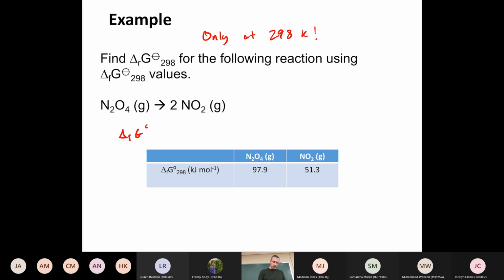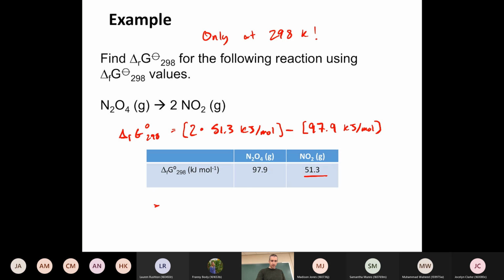Delta G reaction at 298 equals the sum of the delta G's of formation for the products, which is 2 times whatever the number is for NO2 in the table here, 51.3 kilojoules per mole, minus the same thing for the reactants, which is 97.9 kilojoules per mole.